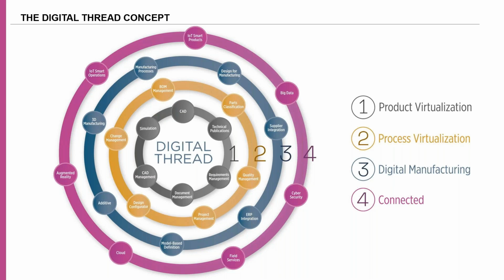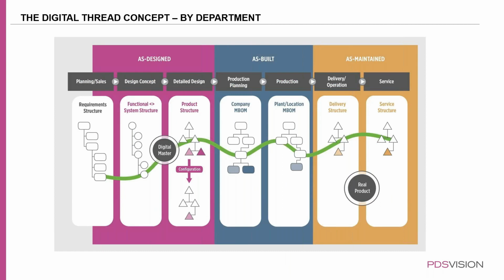These rings represent where that fits within any of those types of processes. And this is a graph showing the workflow from design all the way to manufacturing and even as it's maintained. This concept leads to reduced time to market, reduces downtime and reduces costs.